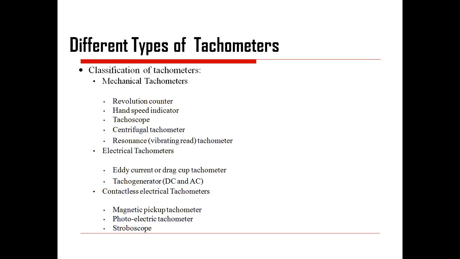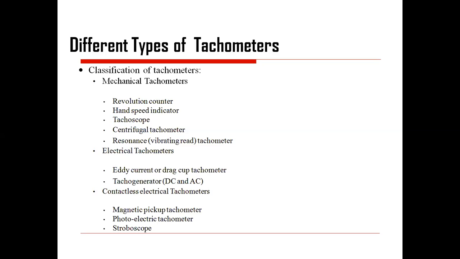Different types of tachometer. Tachometers are broadly classified as mechanical tachometer, electrical tachometer, and contactless electrical tachometer. The mechanical one is subclassified into five categories: revolution counter, hand speed indicator, tachoscope, centrifugal tachometer, and resonance, that is the vibrating reed tachometer.